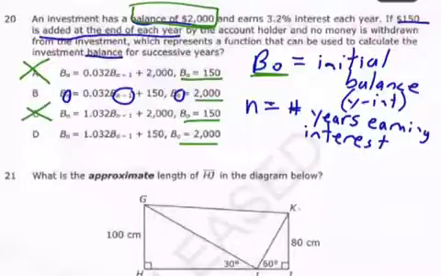So next up, we want to look at how it's actually calculated. So they're both adding 150. So they're not different there. They're just different on what we're multiplying by.